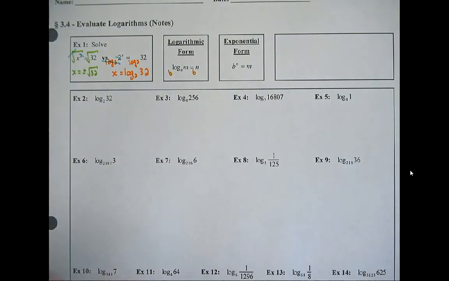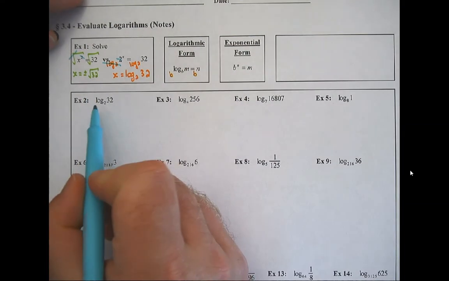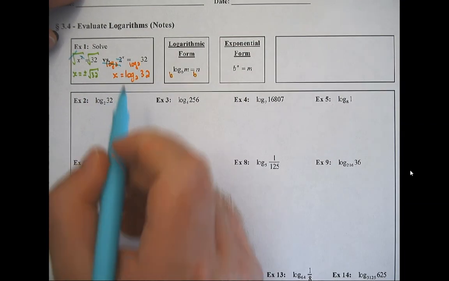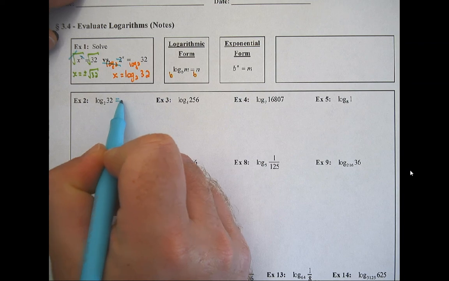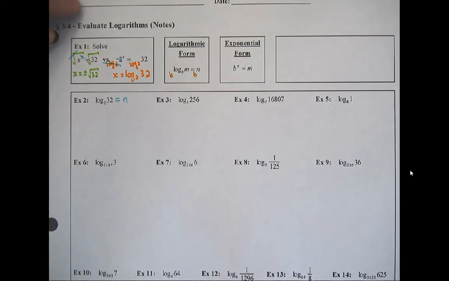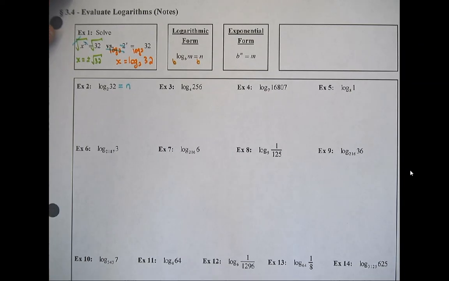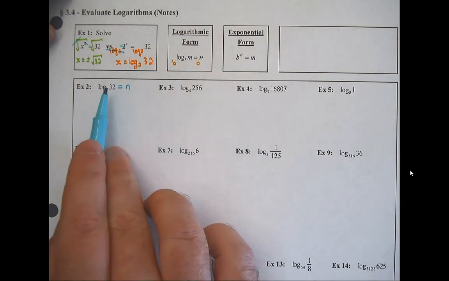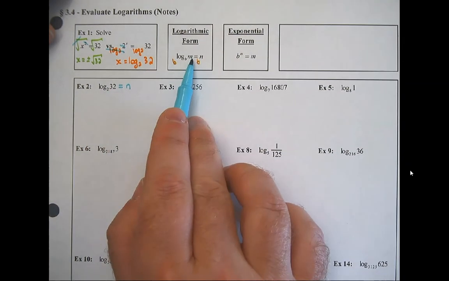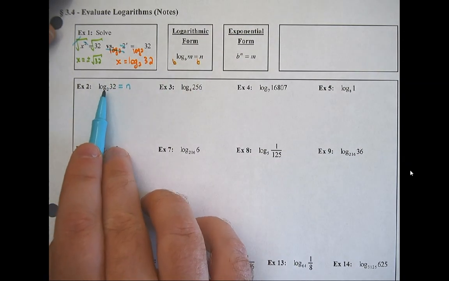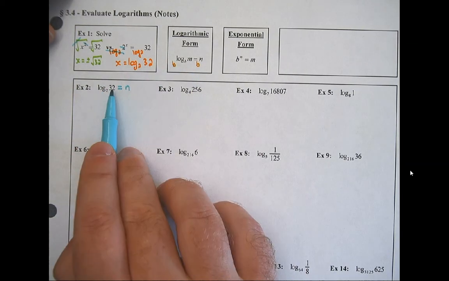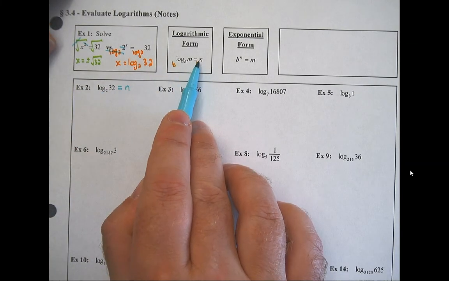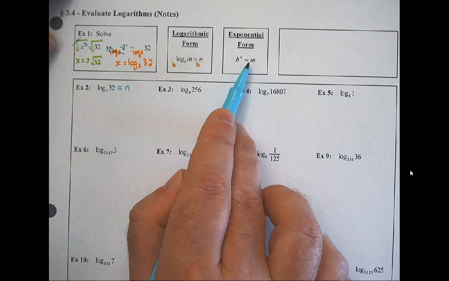All right, so let's take a look at one. I want to start here with log base 2 of 32. I don't know what this answer is, but I do know it's some number. So I'm just going to say that it equals n. Now I'm going to go from logarithmic form, see how this is in logarithmic form? Log base 2 of 32 equals some number. And I'm going to convert it into exponential form.